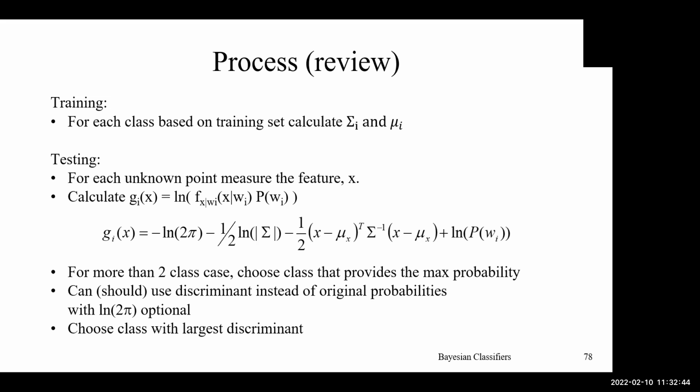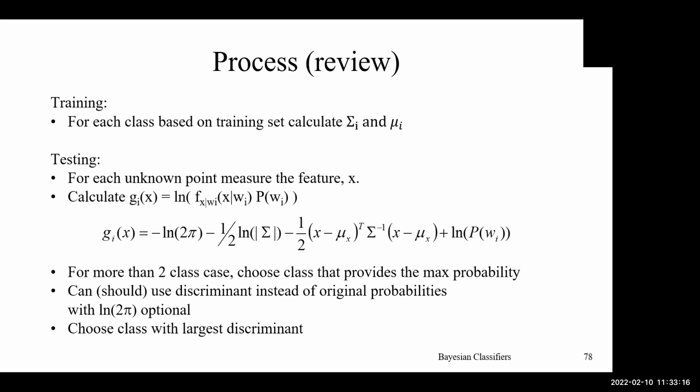Then for each testing, for each unknown point, you have a measurement of x, but you're probably reading it as a row vector, and you need to turn it into a column vector. Common mistake. Calculate your discriminant. Add the d over 2 times the log of 2 pi. And then if you have more than 2 classes, you choose the class that provides the maximum probability.